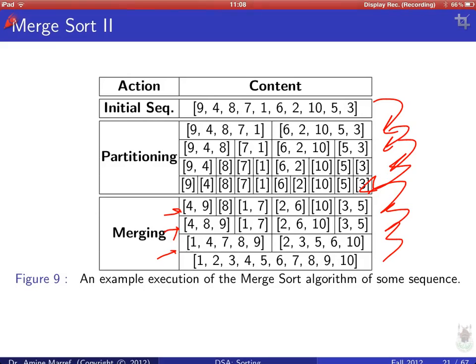Okay, let me draw you something. So that's our original sequence. It has size n. We divide it into roughly n over 2 and n over 2 size sequences, and we keep dividing until we reach sequences of size 1.